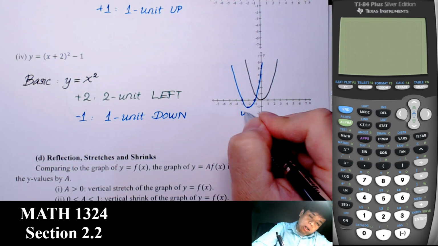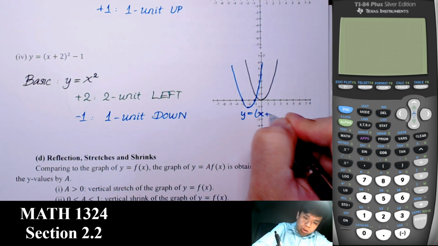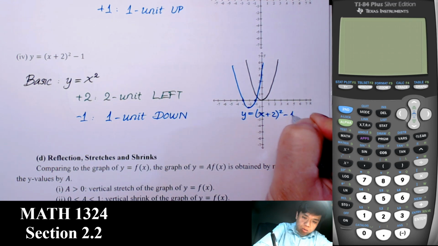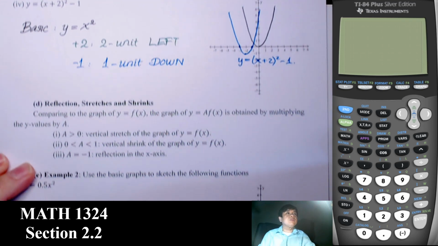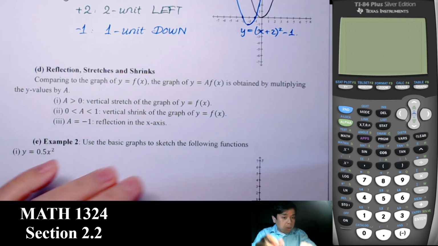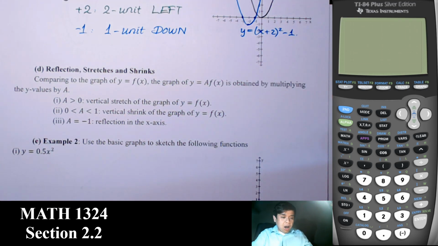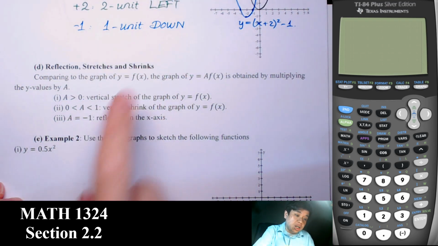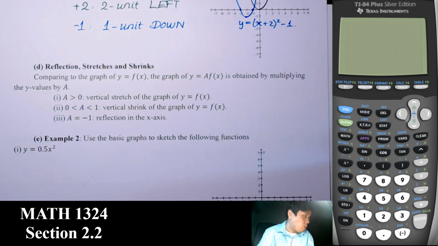So that is y equals (x plus 2) squared minus 1. Right, so that is translation or shift, moving left or right. The shape of the graph will remain the same. The next part, when we have stretching and shrinking, the shape of the graph will change.